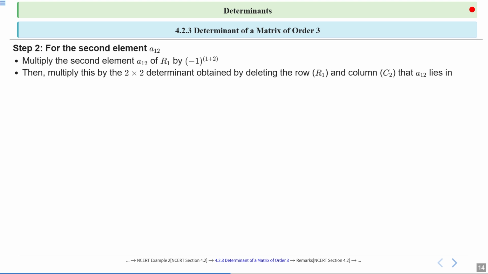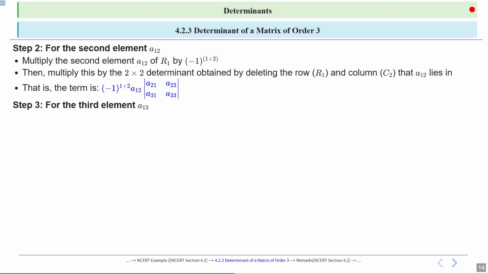Then multiply this by the 2 cross 2 determinant obtained by deleting row R1, because A12 is present in R1, and column C2, because it is present in column 2. So the second term is -1 to the power 1 plus 2, A12, times the determinant of A21, A23, A31, A33. We get this by deleting the first row and second column.